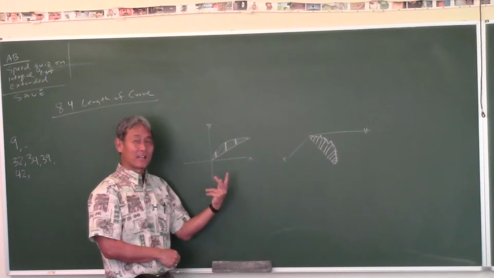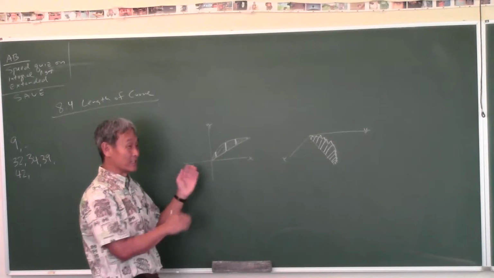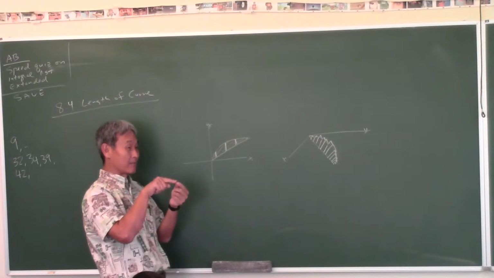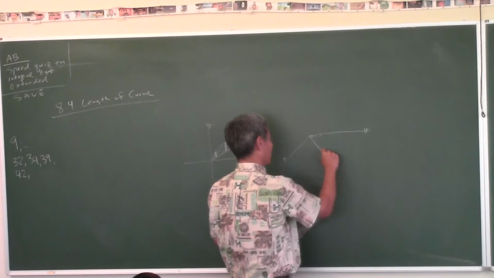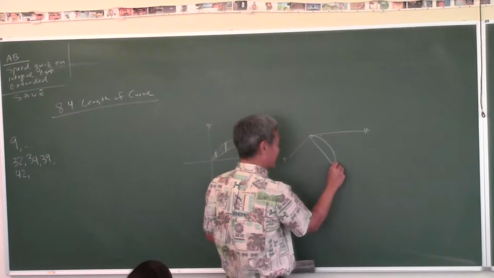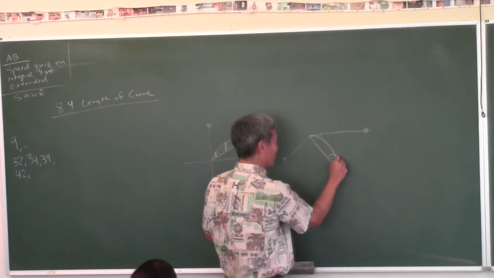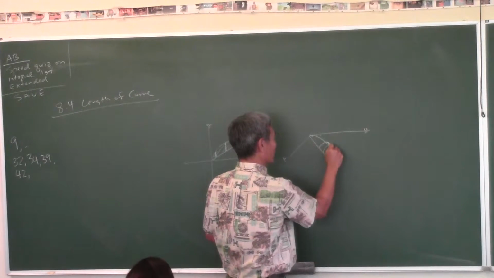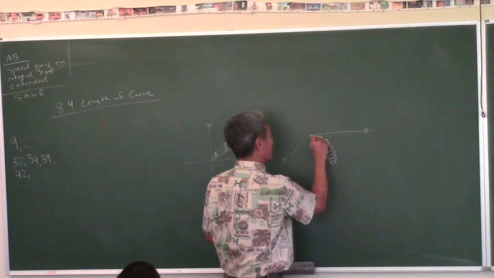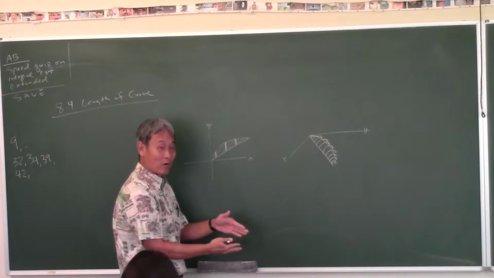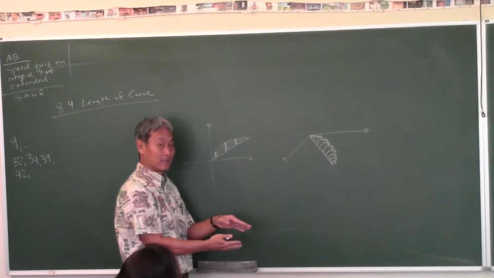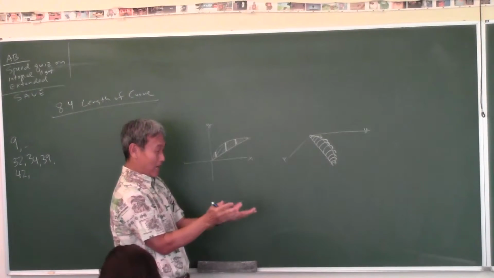But what if I said the cross sections, instead of being equilateral triangles, are semicircles now? Dude, we have a smooth slug. Yeah, exactly. So what is that? That's like half a croissant. A what?